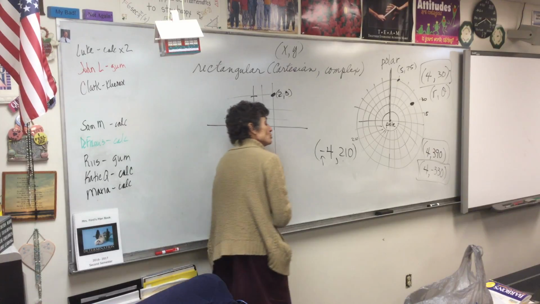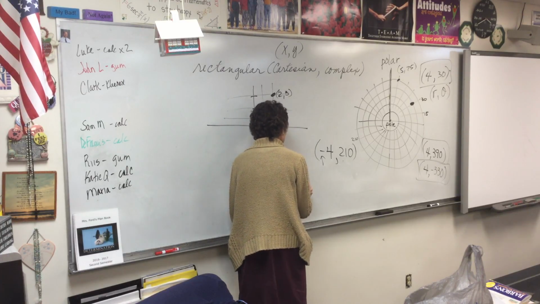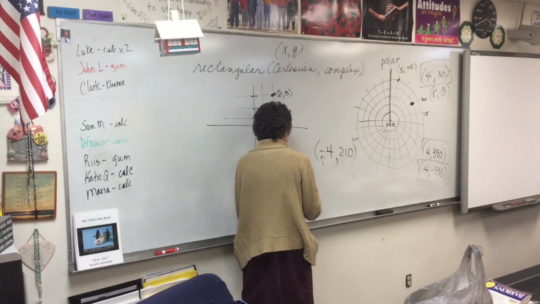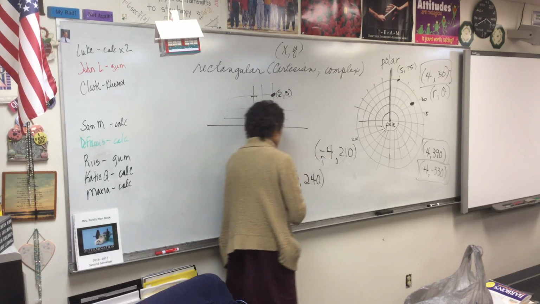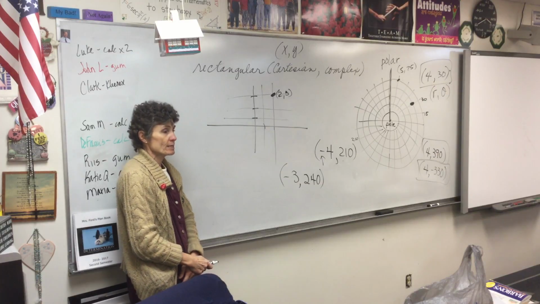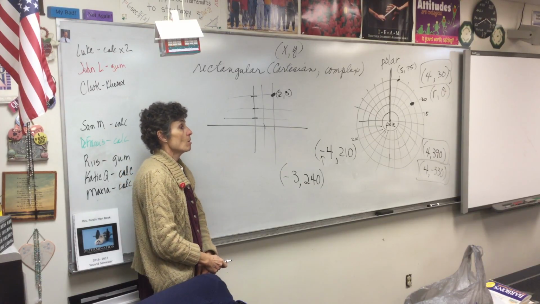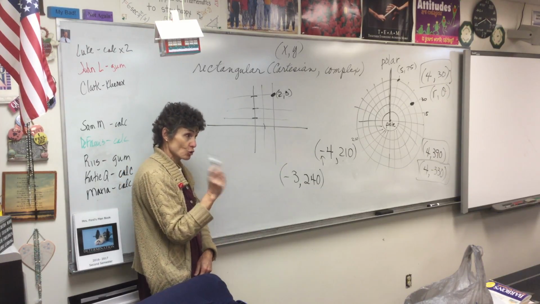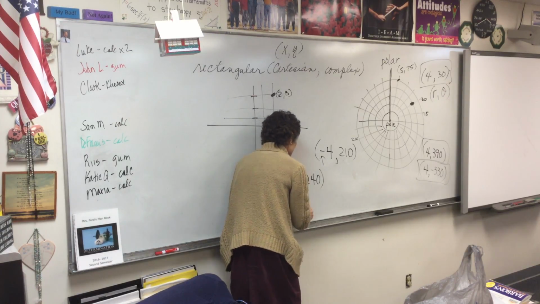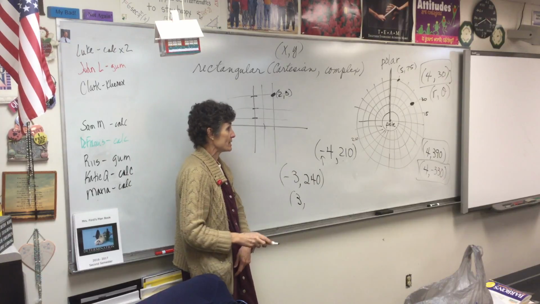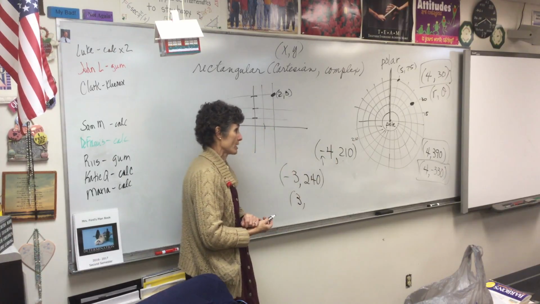So where would you plot negative 3, 240? Where would you plot negative 3, 240? Well, it's going to be on the circle with a radius of 3, but it's going to be 180 degrees away from 240.